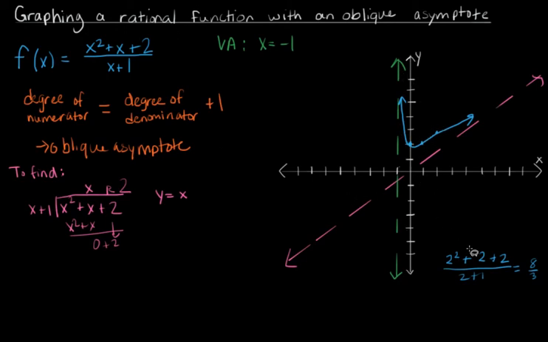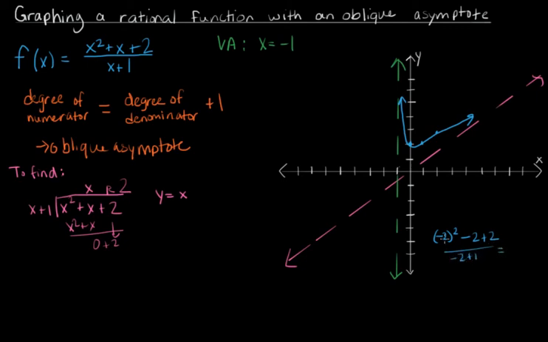All right, so let's try to graph the other piece of it, which we know now should be located in here somewhere. So let's try to figure out what -2 is going to be. So that's going to be -2 squared minus 2 plus 2 over -2 plus 1.